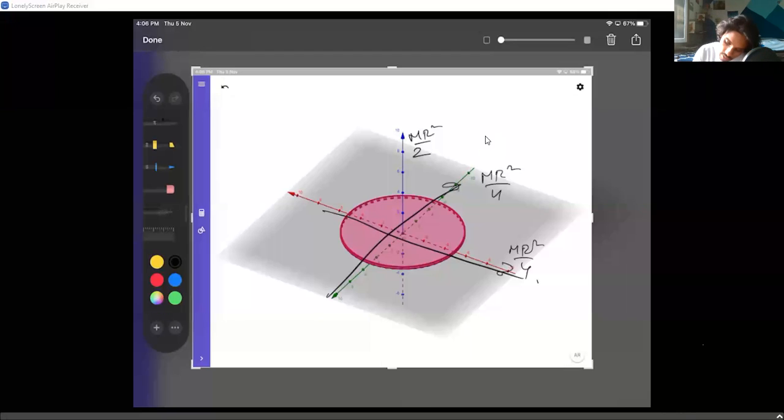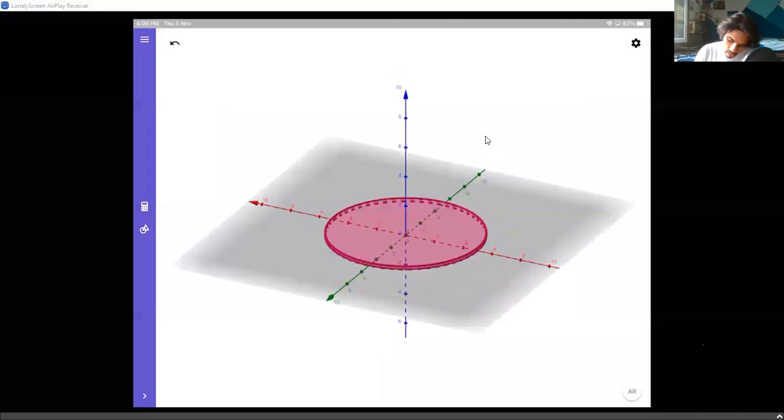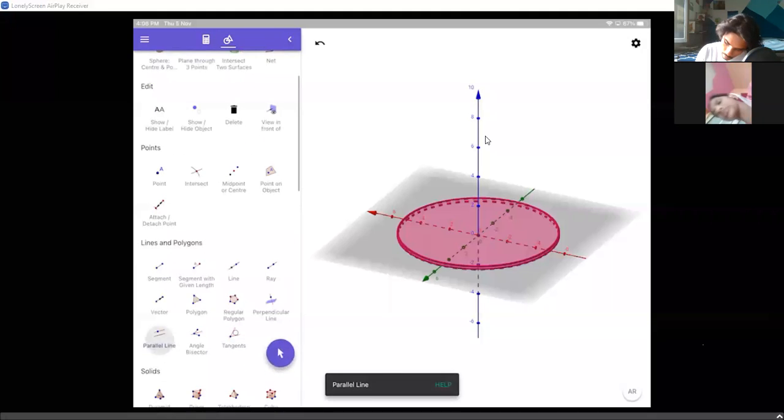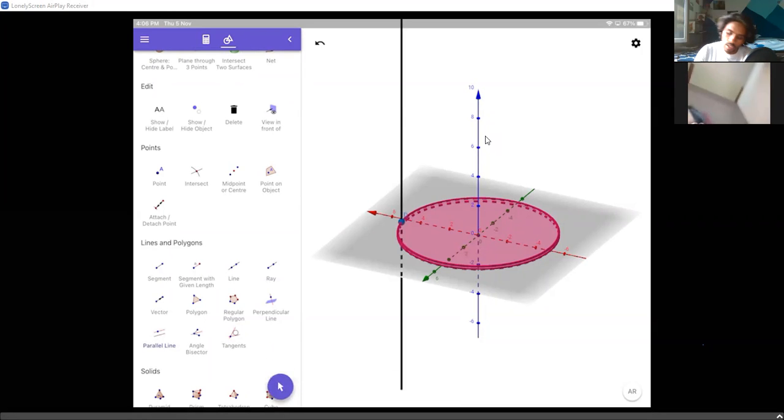Now, if I have an axis parallel to the z axis like this, vertically standing, I'll put it there, and you give me the answer about that axis. A parallel line, yes. So let's look at this line.